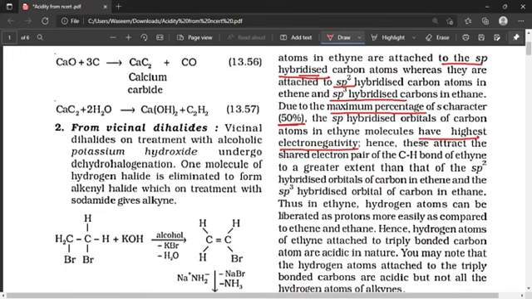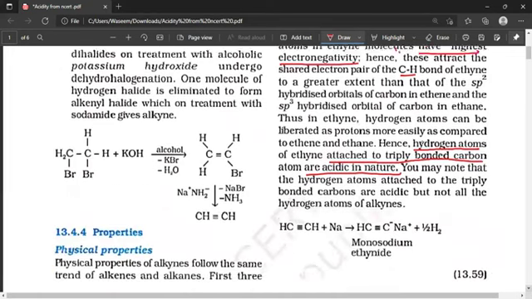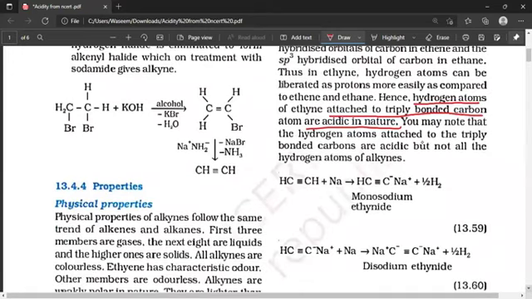Therefore this bond becomes weak, easy to break, so it acts acidic in nature. Hence the hydrogen of ethyne bonded to a triply bonded carbon is acidic in nature.